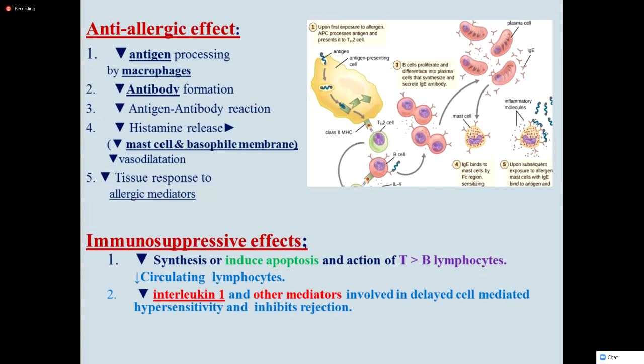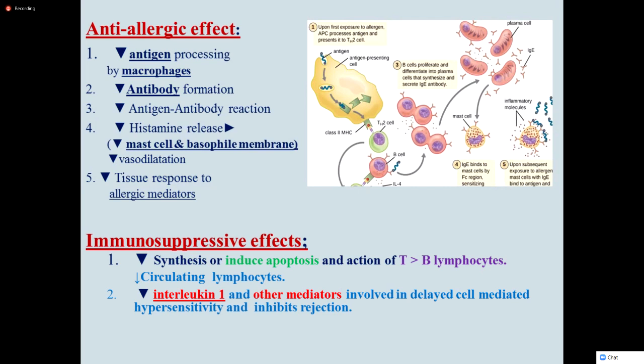So it has anti-inflammatory effect. These glucocorticoids have anti-inflammatory, anti-allergic, and third, immunosuppressive effects also. So in case of autoimmune diseases such as rheumatoid arthritis, you can give it because it decreases the synthesis and induces apoptosis and reduces the action of T and B lymphocytes.